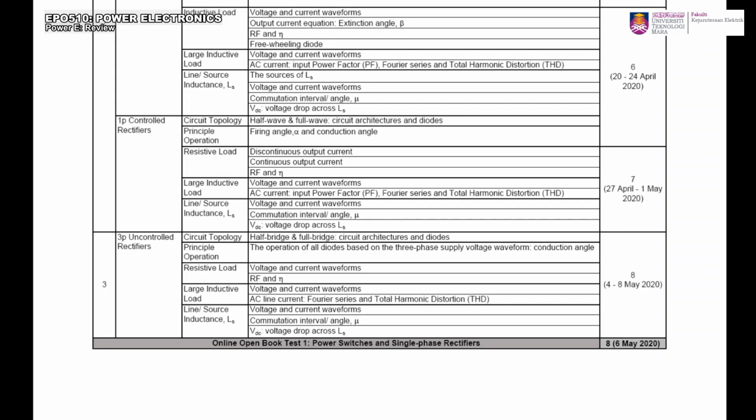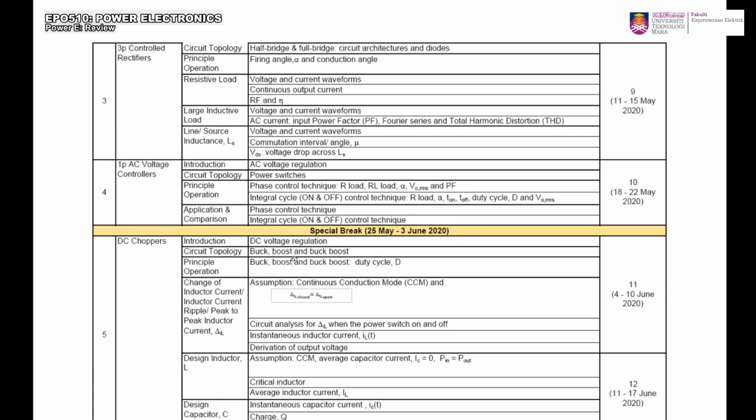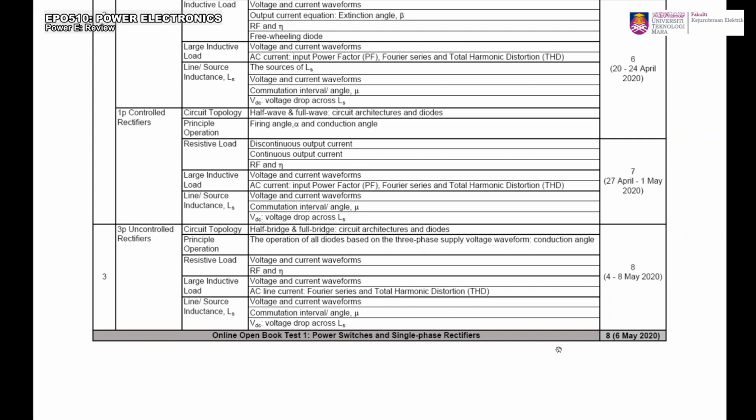It's an open book, you just open the book and get the answers by yourself, and it's going to be done through Quizizz. There is a software or app known as Quizizz. We're going to use that platform to evaluate your test, and that will be on the 6th May 2020.